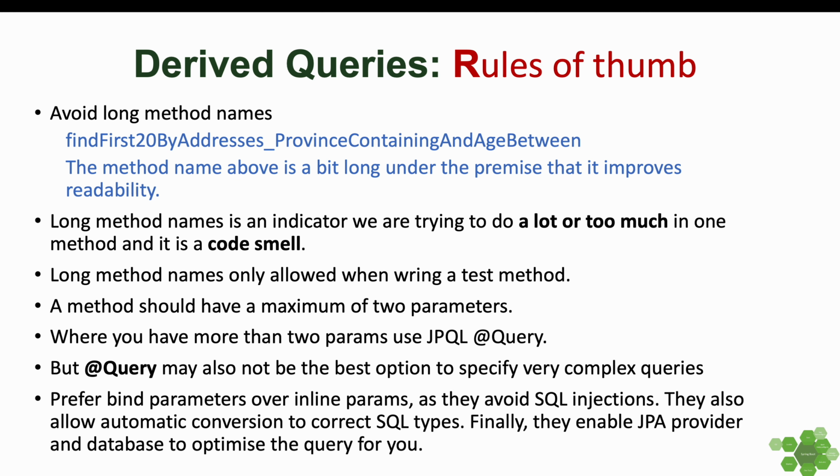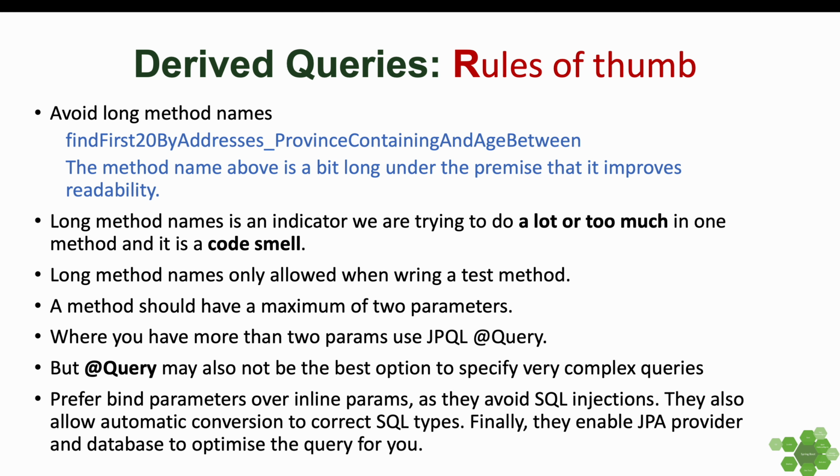Also, prefer to use bind parameters over inline parameters, because bind parameters avoid SQL injections. They also allow automatic conversion to correct SQL types when you are using the query annotation or a JPQL query.